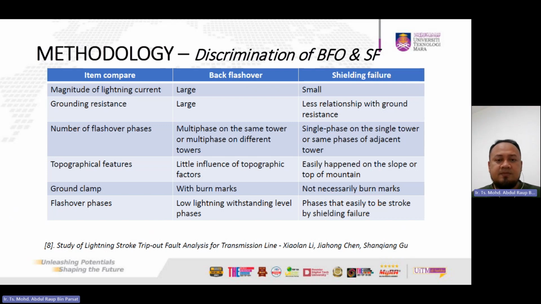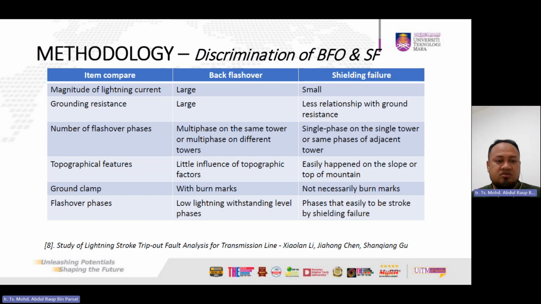The ground resistance is large for back flashover, but has less relationship for shielding failure. Number three is the flashover phases: for back flashover, multi-phase on the same tower or on different towers, which is obvious, and for shielding failure, a single phase on a single tower or the same phase on adjacent towers.